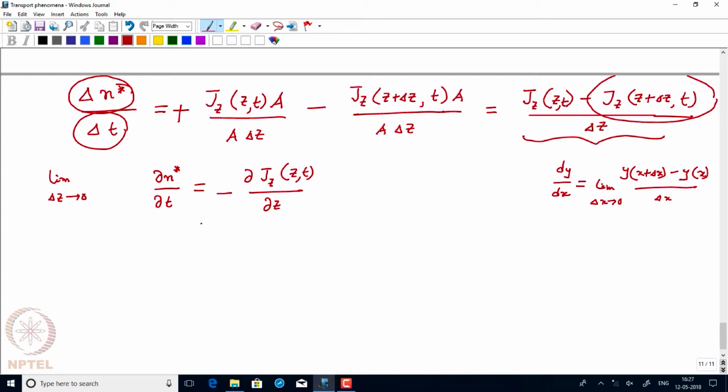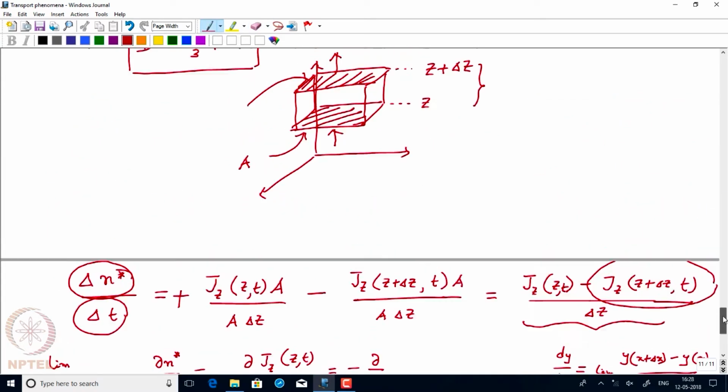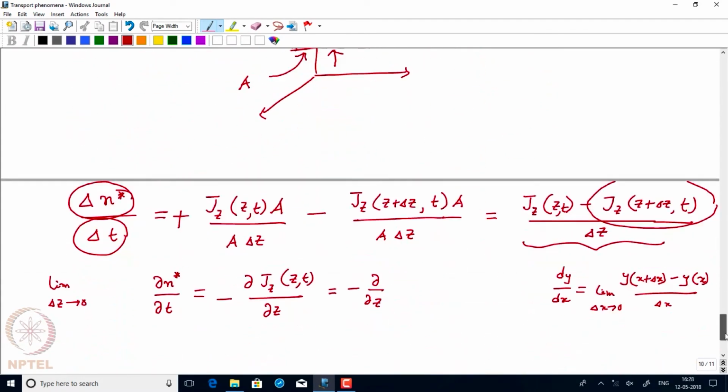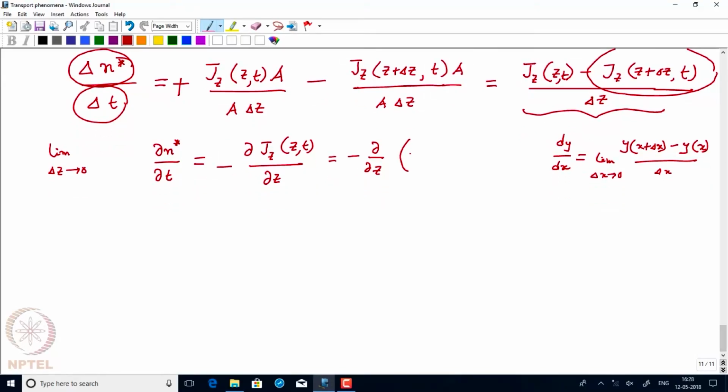But we know that this thing is nothing but the negative spatial gradient of this quantity J, and for J we already have Fick's first law. So let us just put it back. What we will have is minus D times del n star by del z. n star depends on z as well as t, and we are just writing it very explicitly.